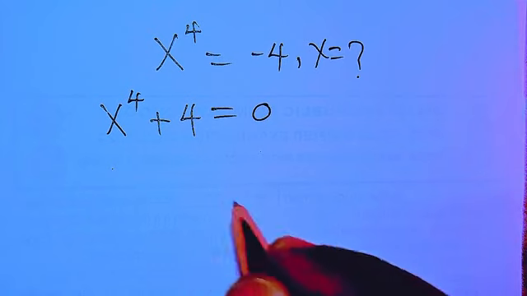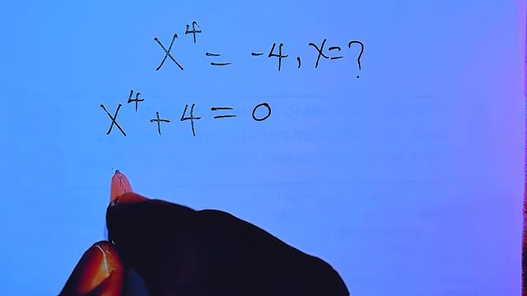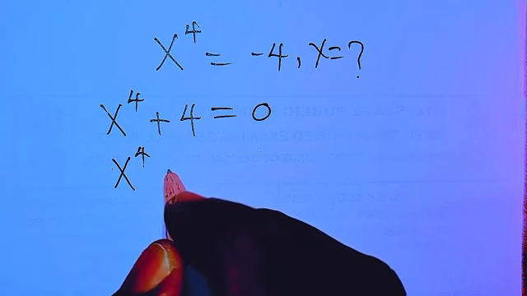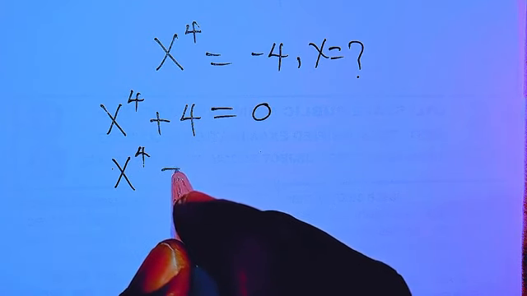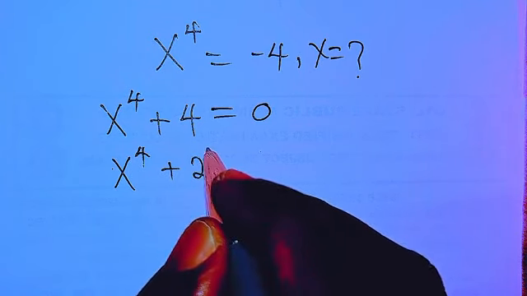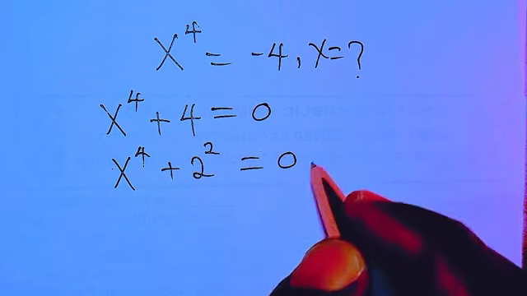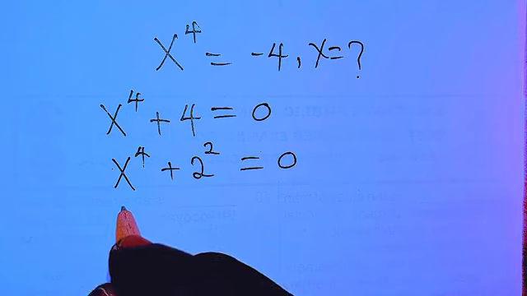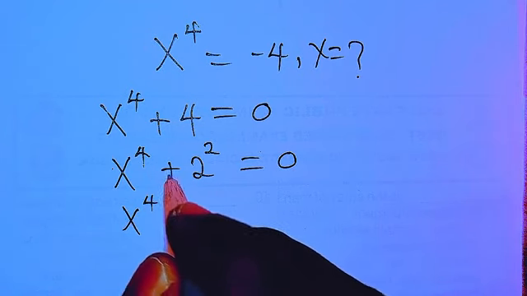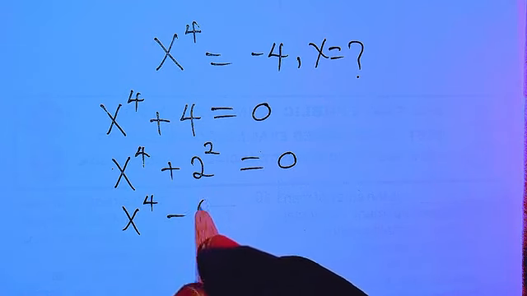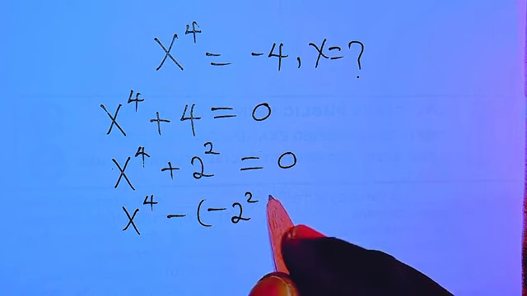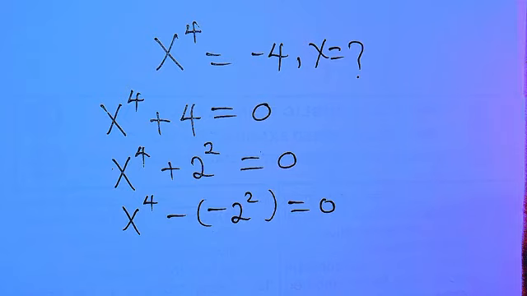So now from here, I can write this as x to the power 4 plus 2 to the power of 2 equals 0. So now from there, I have x to the power of 4, this plus I can change to minus into bracket minus 2 to the power of 2, then equals 0. Are you following?